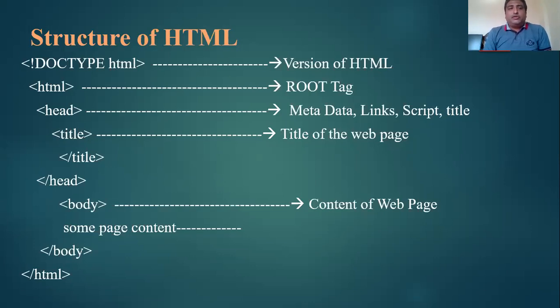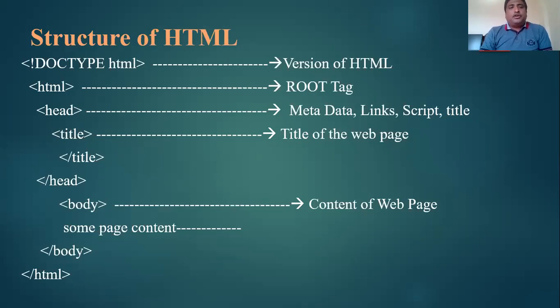That means we can include external files in the head tag. Also, we use the title tag enclosed in the head tag. In the title tag, we define the name of the website. It's a pair tag, so we close it after defining the title.